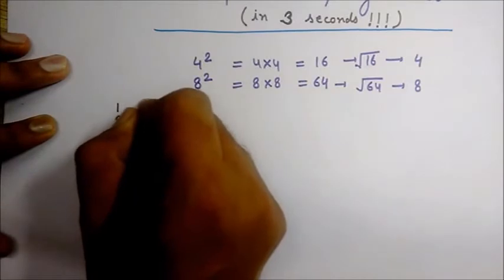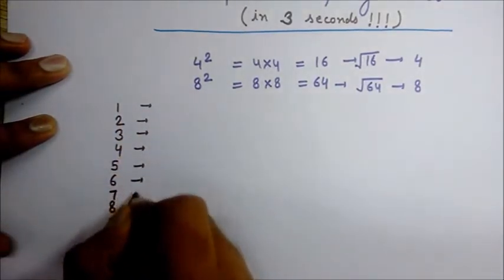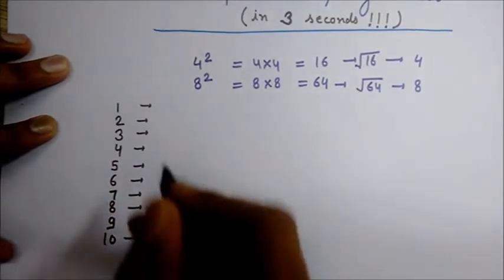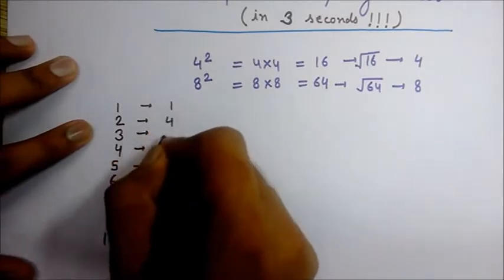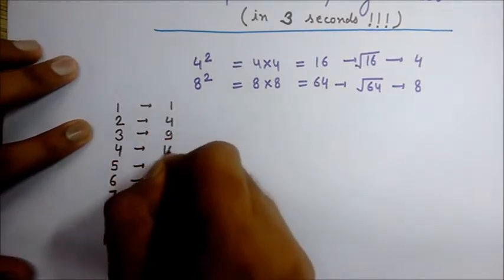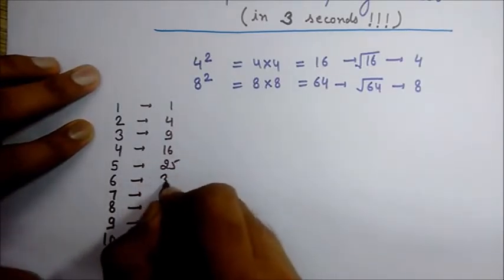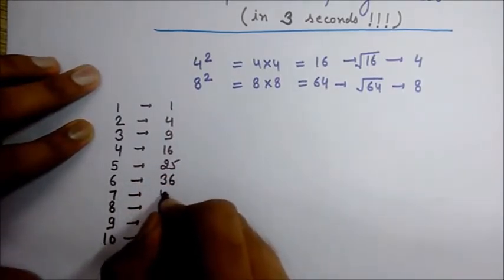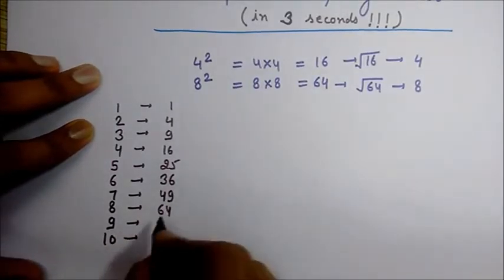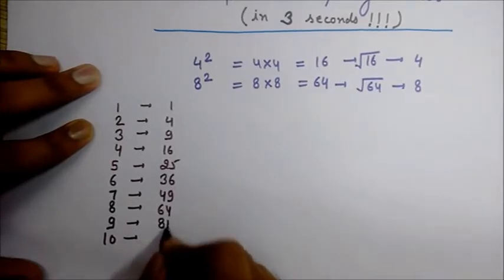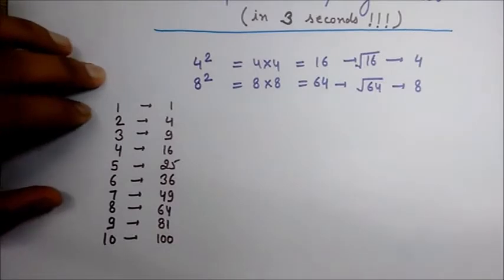Their squares are: square of 1 is 1, square of 2 is 4, 9, 16, 25, 36, 49, 64, square of 9 is 81 and square of 10 is 100.